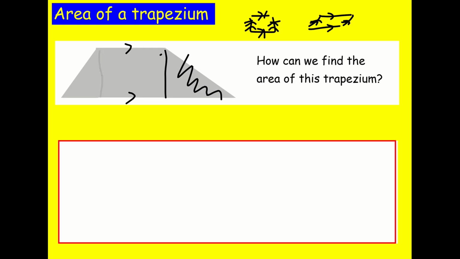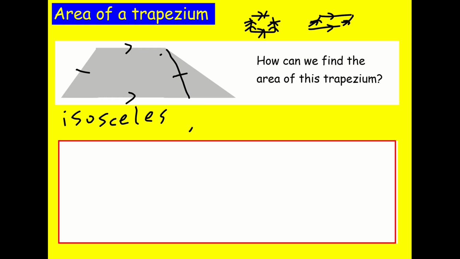It's a bit easier. Okay, one other thing I was going to say is there's one special type of trapezium. Just going to mention it. If this side comes down like this, and these two are the same length, then it's called an isosceles trapezium.